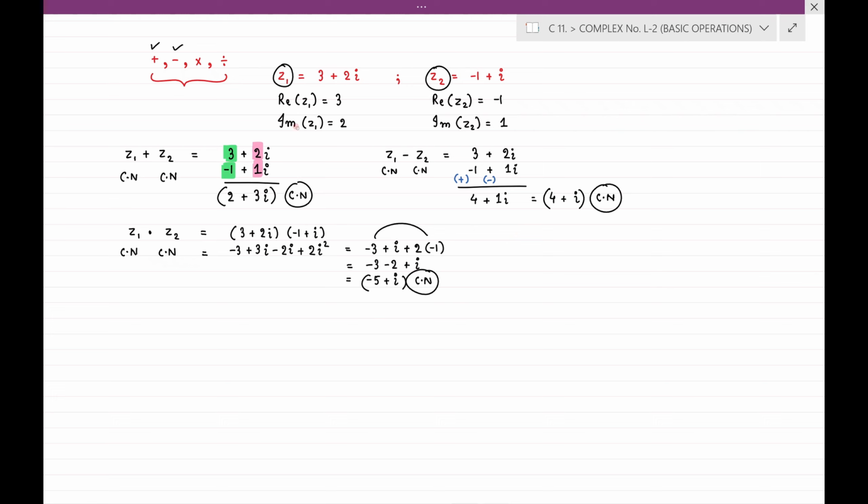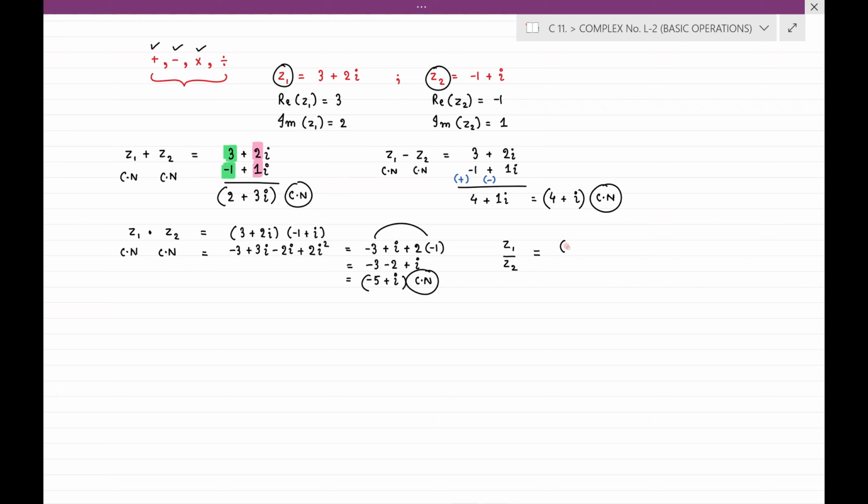Now let us go through the division process, the final one for this lecture. When you divide two complex numbers, what you have to do is rationalize first.